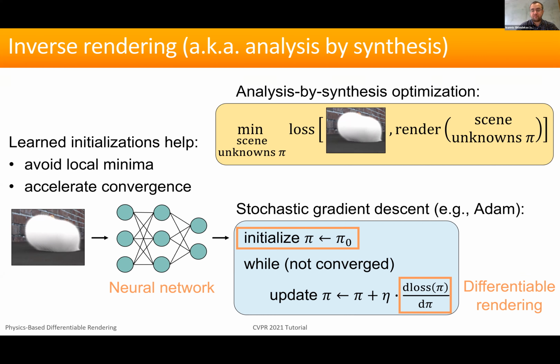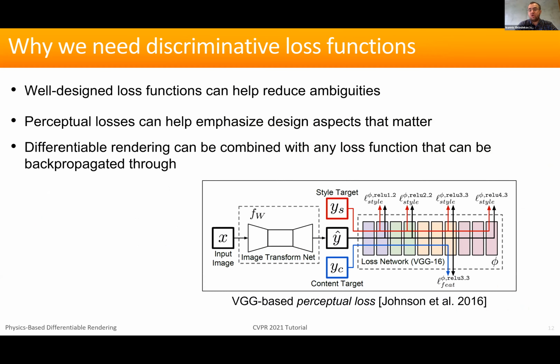All right. Now, a second thing that we need to be able to determine here is the loss function that we use. Often we see inverse rendering papers, analysis by synthesis papers just use L2 losses to compare images, but there is no reason to constrain ourselves to just such simple losses.